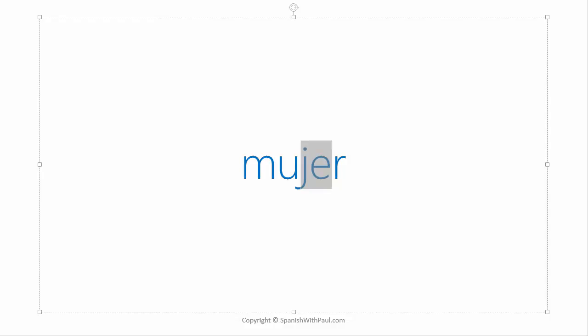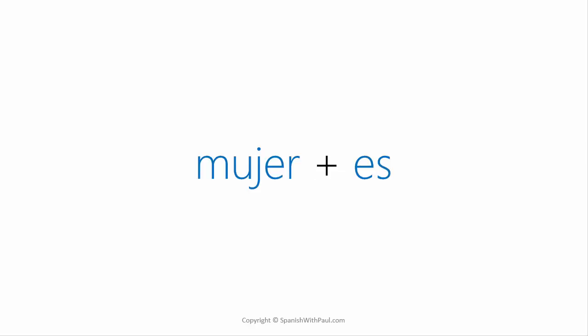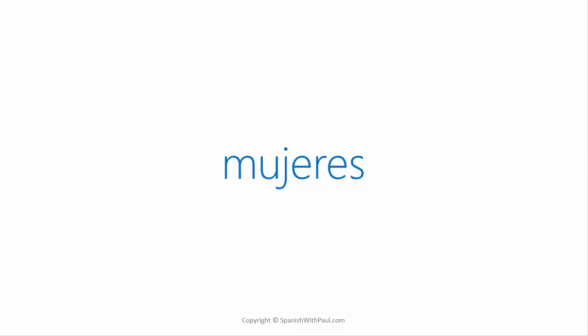Mujer. Mujer is woman. And we can see it's ending in R, so it's ending in a consonant. So if we wanted to say the plural, women, then same as before in masculine, we add ES because it's ending in a consonant. So mujer goes to mujeres. Mujer for woman and mujeres for women, the plural.